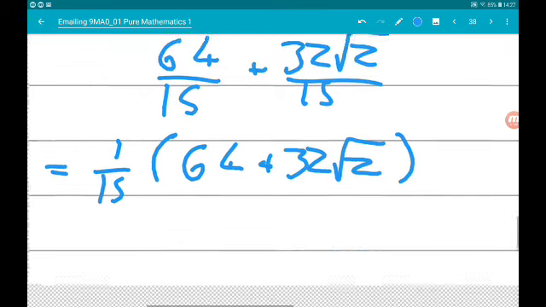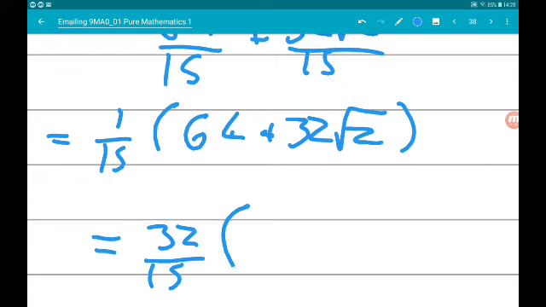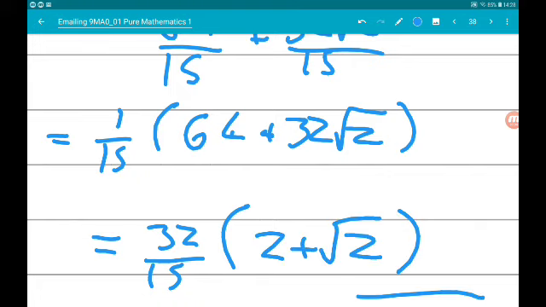And then we've also got a common factor of 32. So take that out the front and we get 32 over 15 times 2 plus root 2 as we wanted to get. Good times.